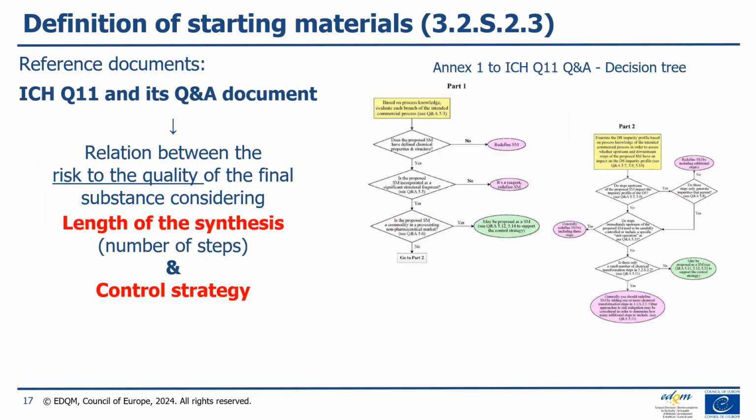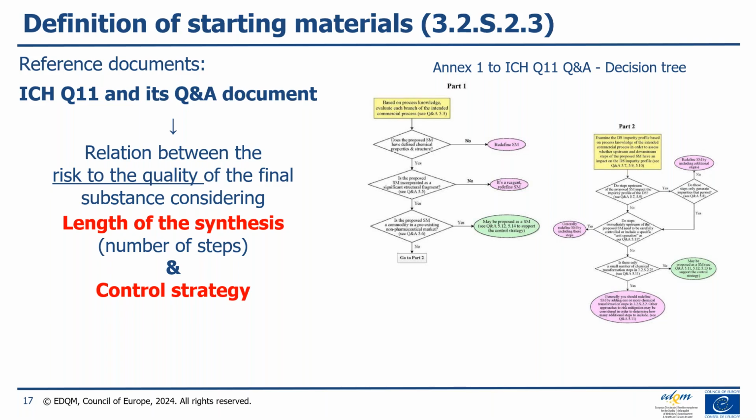A bit later than Q7 came ICH Q11 and its question and answer document, which provide a much clearer insight on how to identify and select the starting materials. According to these guidances, this should be set based on considerations on the relation between the risk to the quality of the final substance, considering the length of the synthesis and the control strategy of the starting materials that you are introducing.